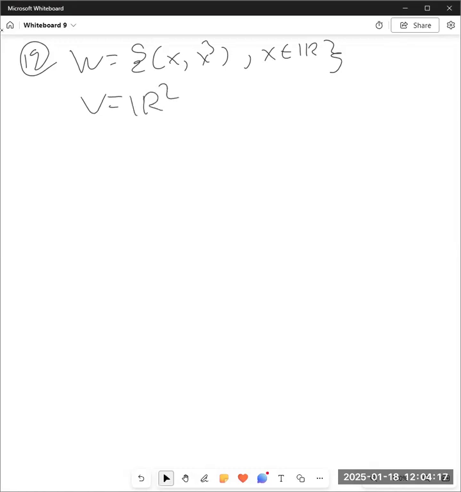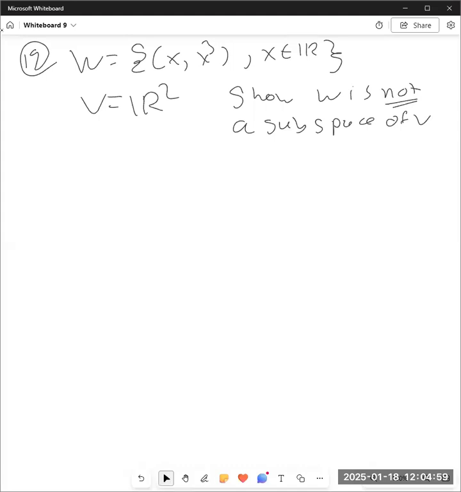And we want to show that W is not a subspace of V.